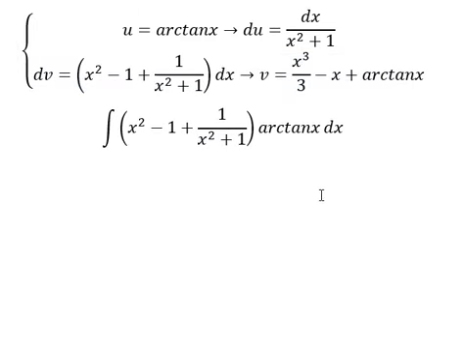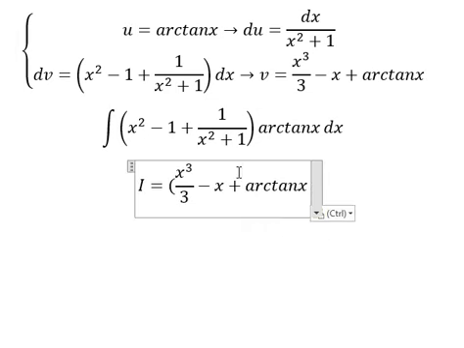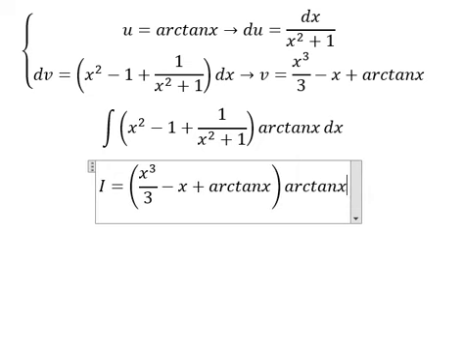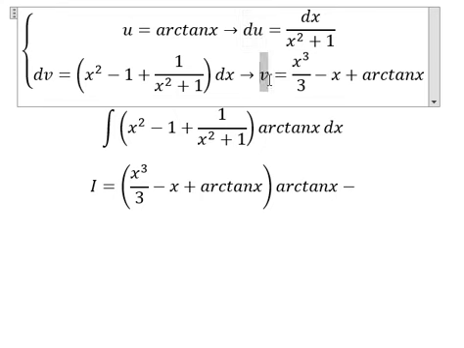So we have u multiplied by v, minus the integration of v du.